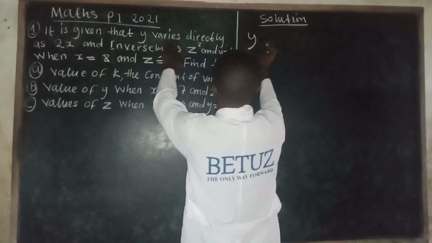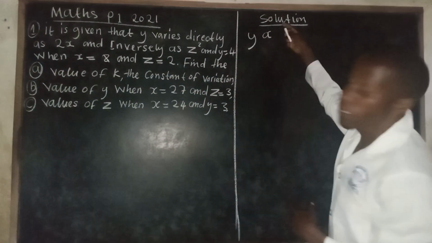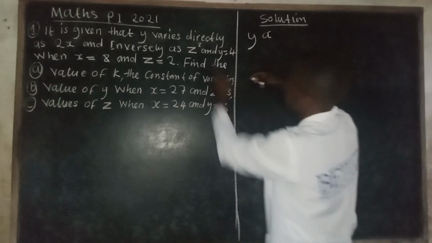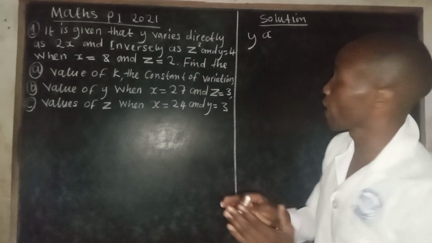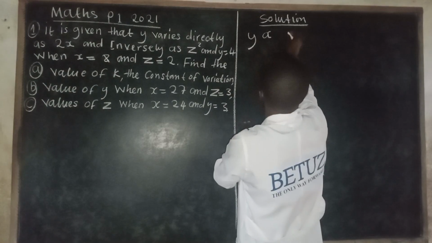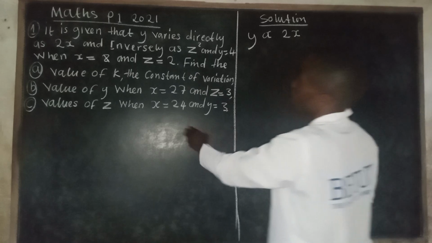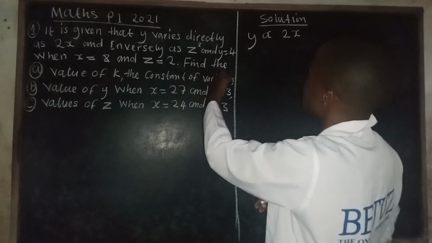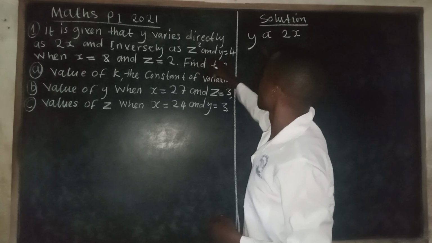So y varies, this is the vary symbol, directly as 2x. When they say directly as 2x, it will just be varies directly 2x, and inversely as z power 2, and y is equal to 4.